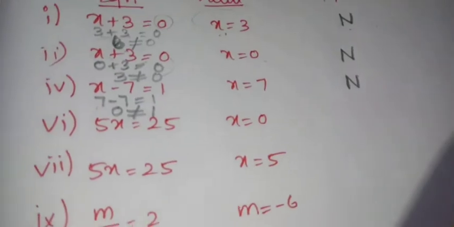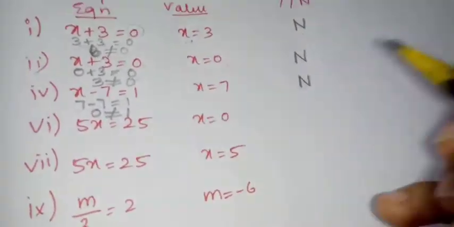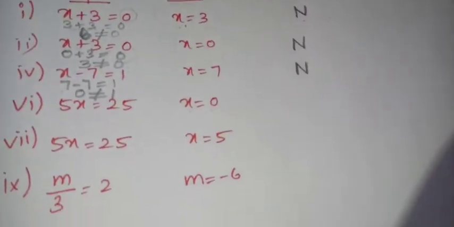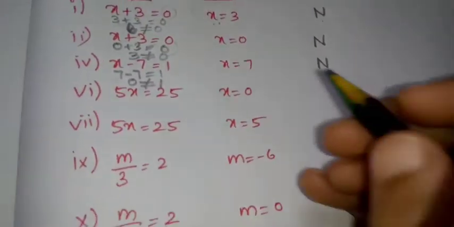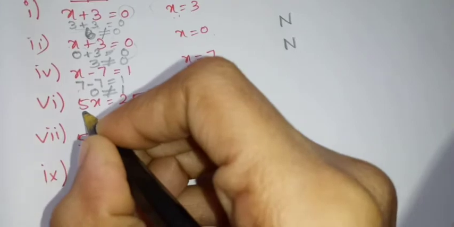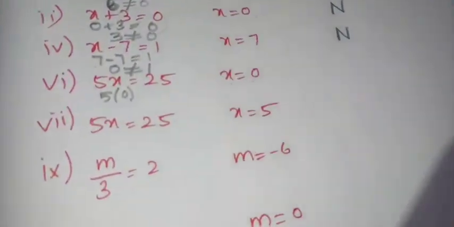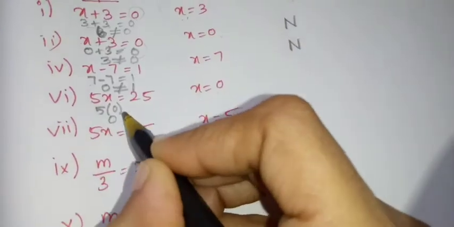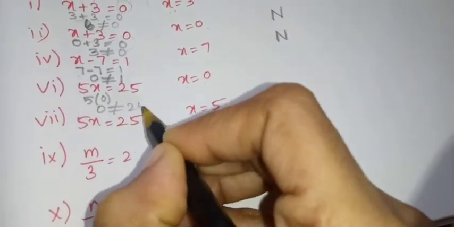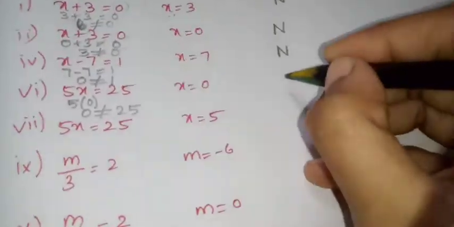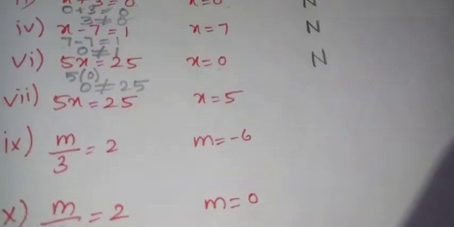So, no. Now, x is equal to 0. 5x plus 25. 5x plus what? 25. 5x means 5 into x. 5 into 0 is 0, which is not equal to 25. So it is not satisfied.